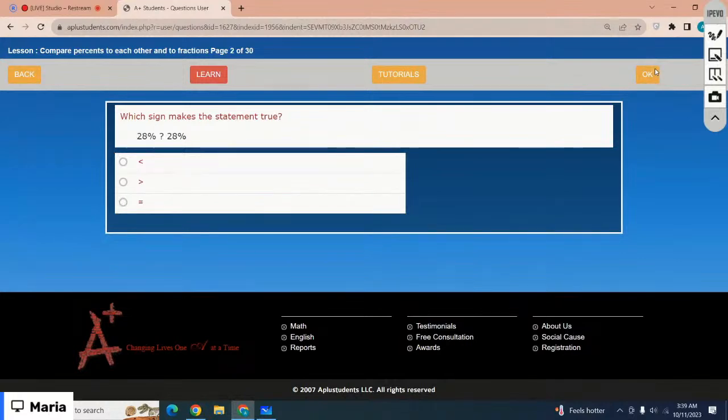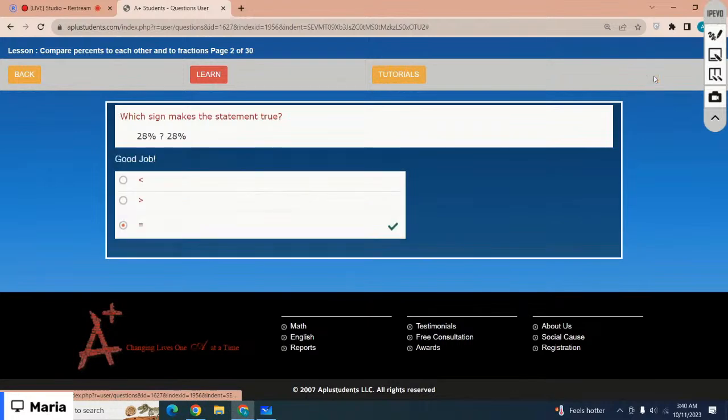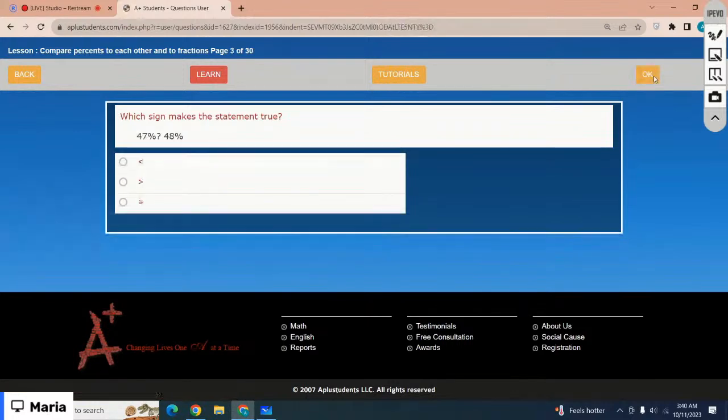Okay, the next one is 28% and 28%. Which is the correct option? They are equal. 47% and 48%.